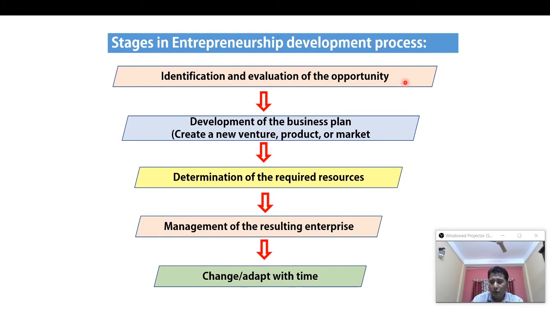We need to understand the opportunities, we need to create the opportunities, and we need to know what the opportunities of the market are, what new products we can create, what new things we can do for the market. We need to identify the market first, then we evaluate according to the opportunities.